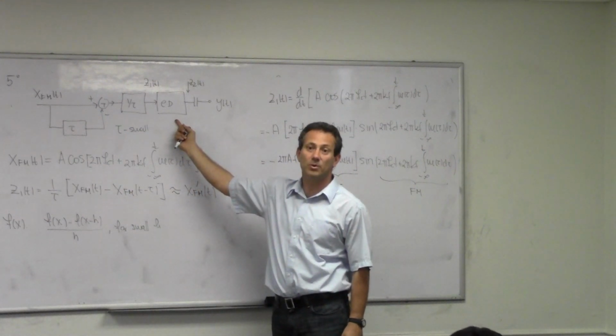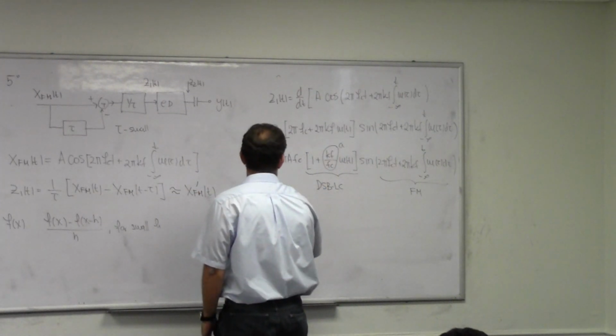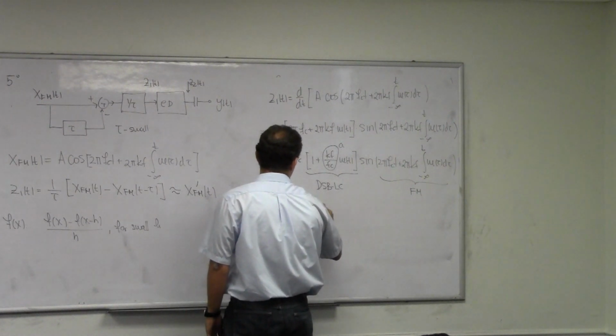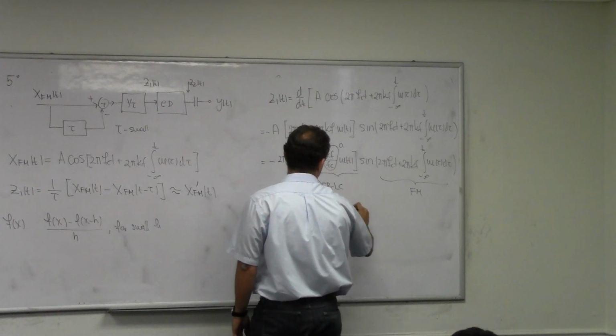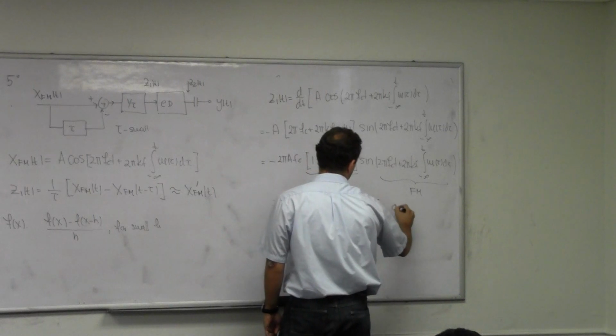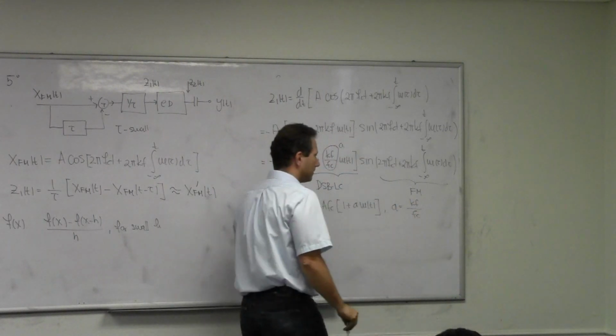I get the envelope of this signal. What is the envelope of this signal? This is this z2 of t. It's going to be minus 2 pi A fc times 1 plus a m of t, where a is equal to kf over fc.